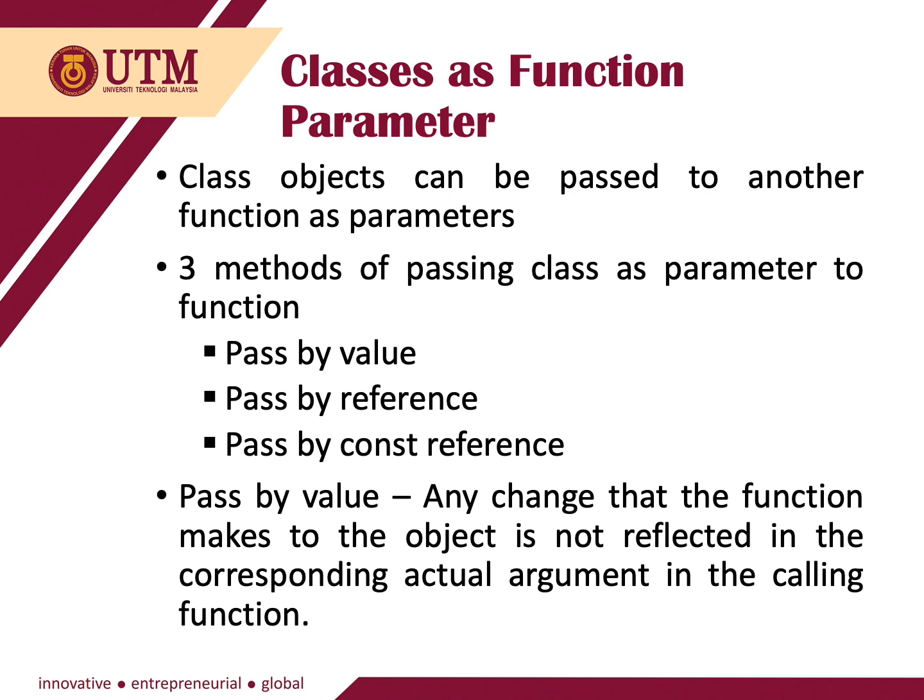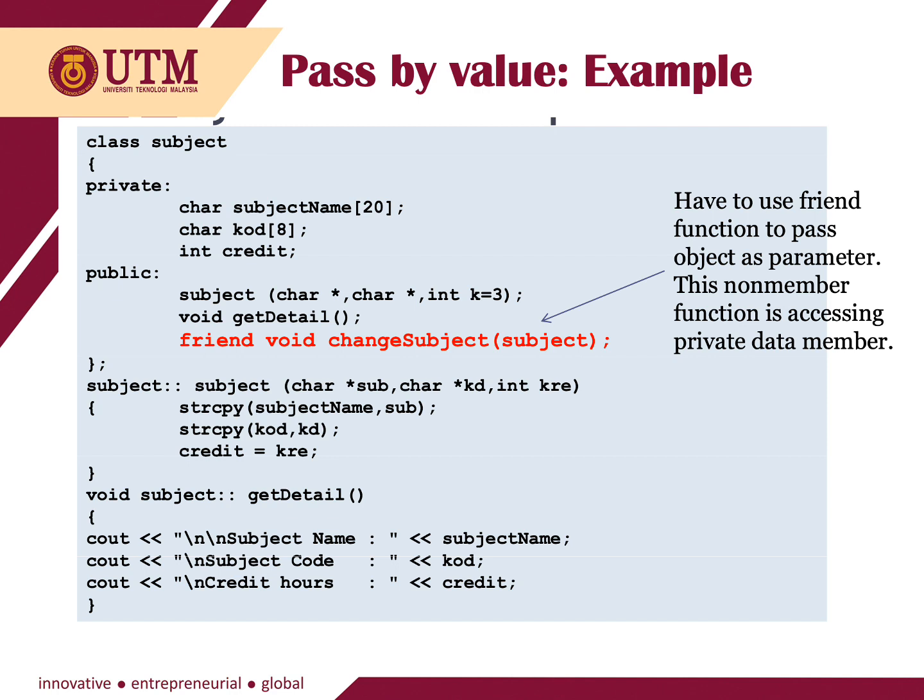For the pass by value, meaning that any change that the function makes to the object is not reflected in the corresponding actual argument in the function. So this is example for pass by value, right?